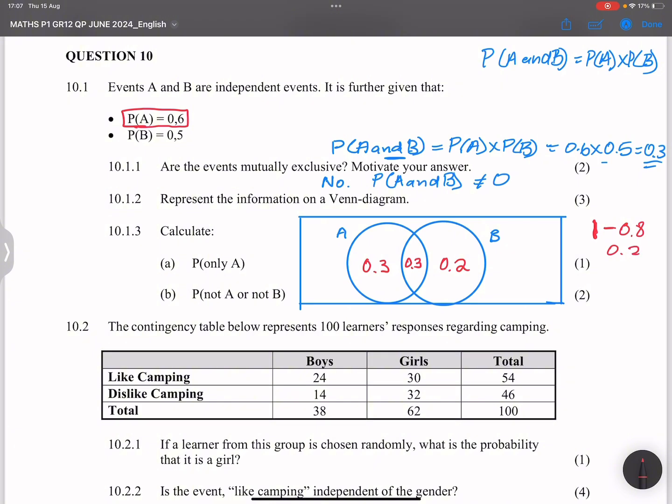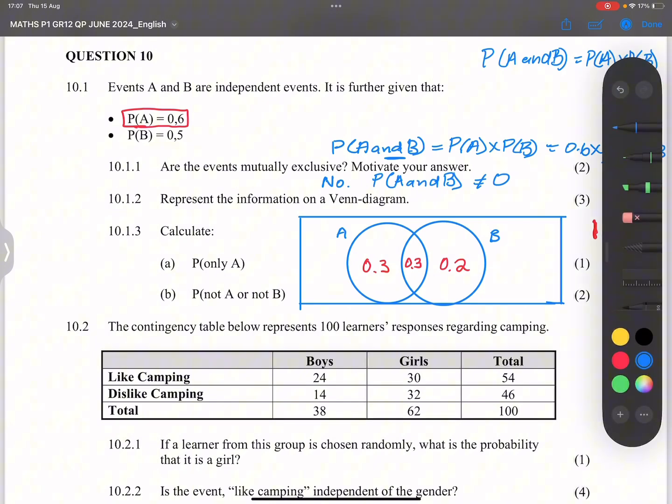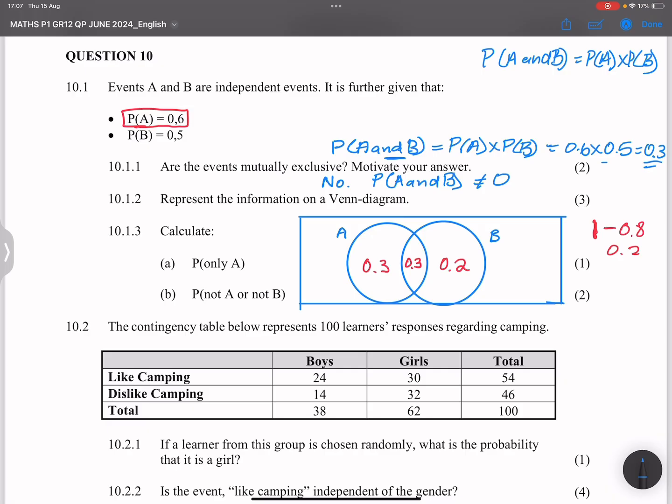And where is that going to fit? This is now outside, which means that A and B are not exhaustive events. So anything that's not A or B would be 0.2.